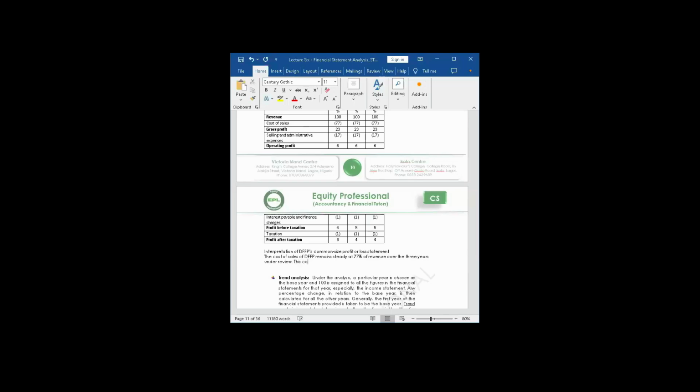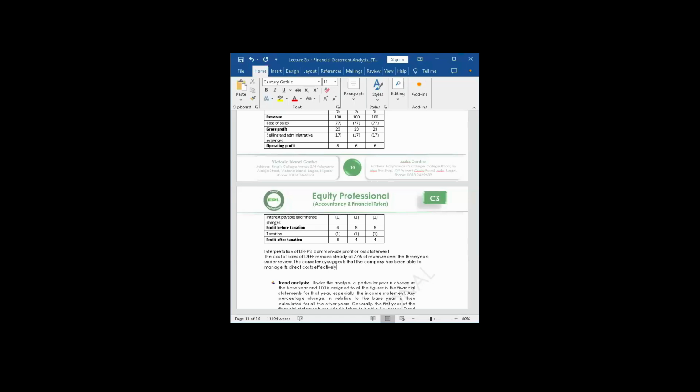This consistency suggests that the company has been able to manage its direct costs effectively, because it's not fluctuating.